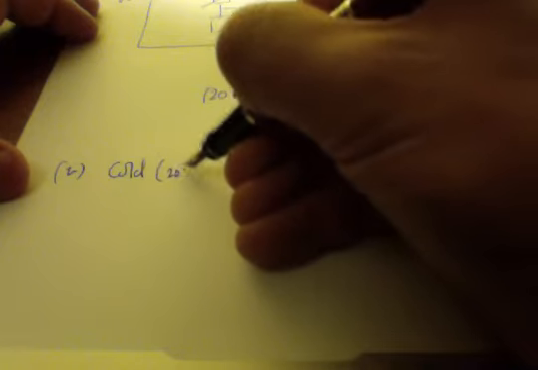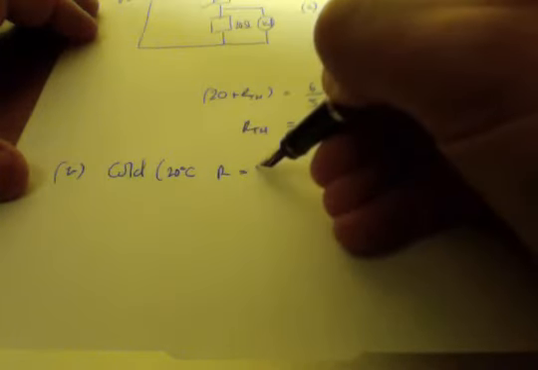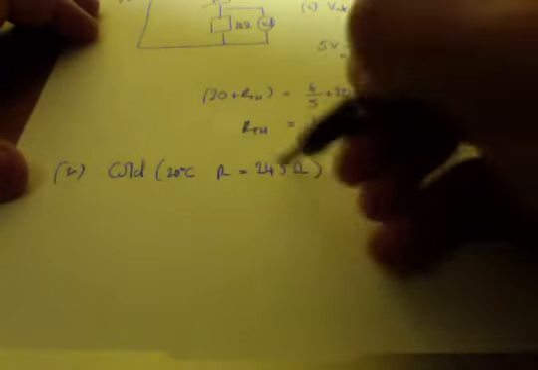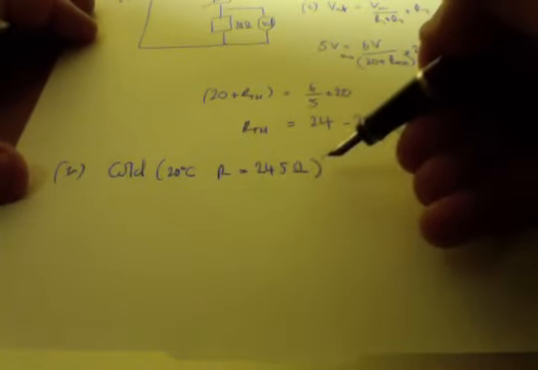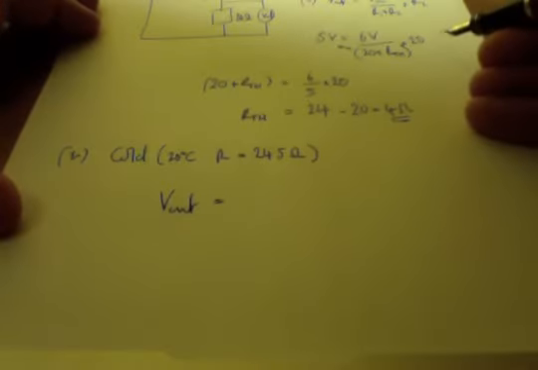Okay, second part. Let's say that when it's cold, or 20 degrees Celsius, the resistance is equal to 24.5 ohms. A bit of an odd number, but I want you to start using the calculator now. What's the V out? Think you know?